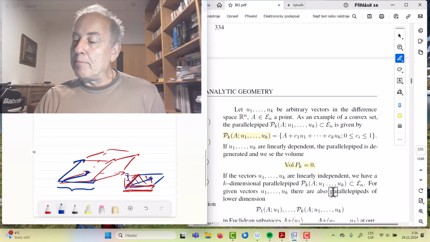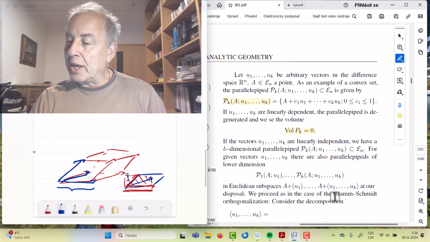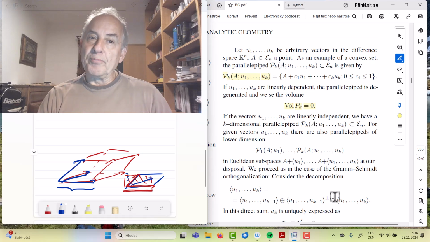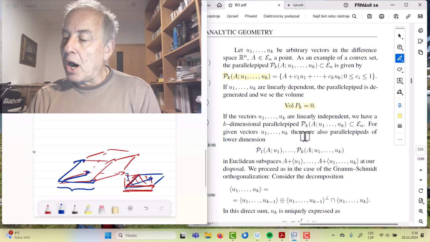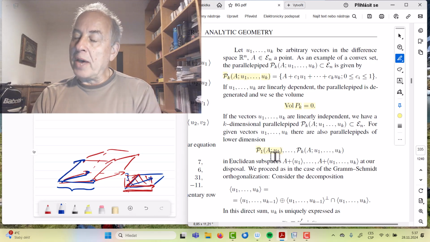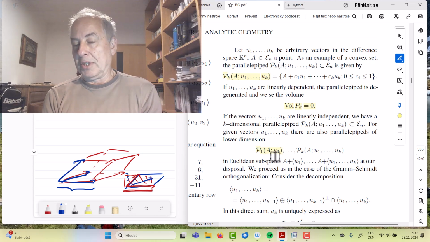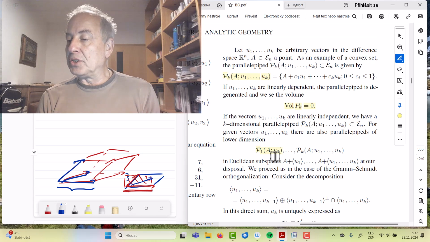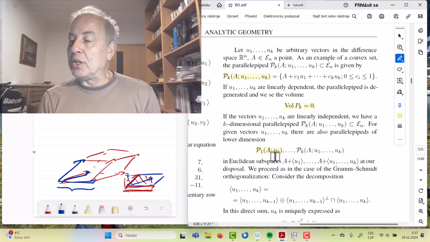But if they are independent, then we can iteratively, inductively define how it is. We simply say that the one-dimensional volume is just the length of u1.